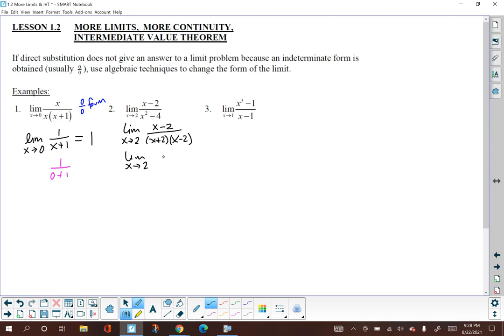So this is the same as the limit of 1 over (x plus 2). Now, if we had tried substitution to start with, we end up with that 0 over 0 form. So reducing it allows us now to use direct substitution. 1 over (2 plus 2) is the same as 1/4.